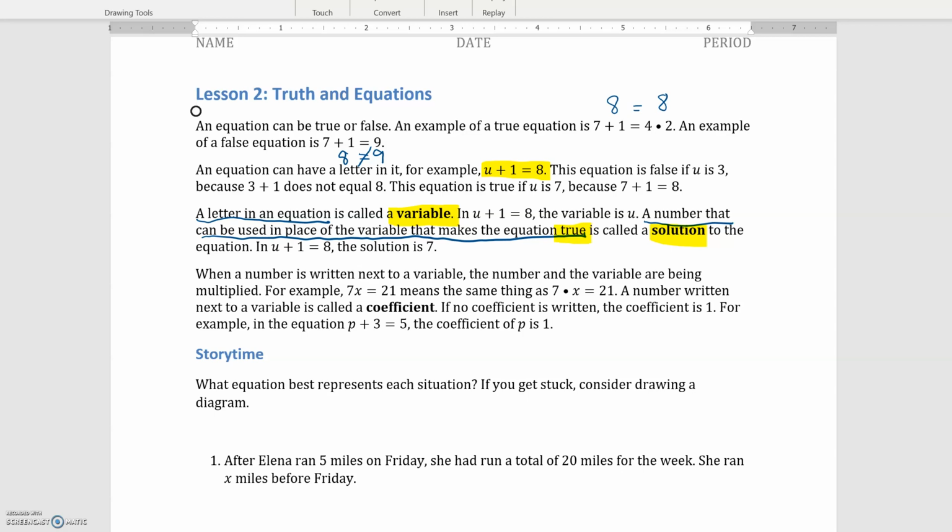When a number is written next to a variable, the number and the variable are being multiplied. Extremely important. So if you see something like 7x, this stands for multiplication. For example, 7x equals 21 means the same thing as 7 times x equals 21. They both are the same thing. A number written next to a variable is called a coefficient.